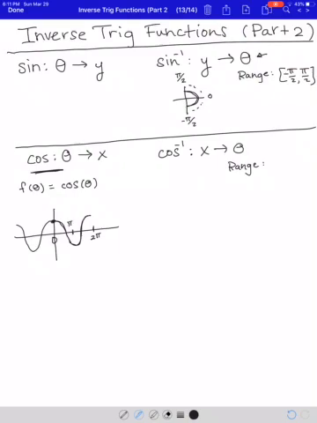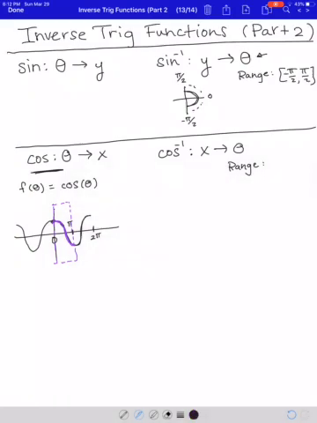What we want to do is find an interval where this function passes the horizontal line test, because where it passes the horizontal line test, on that interval our function is 1 to 1. If we look in this window here between 0 and pi, notice that our function is 1 to 1. It passes the horizontal line test.